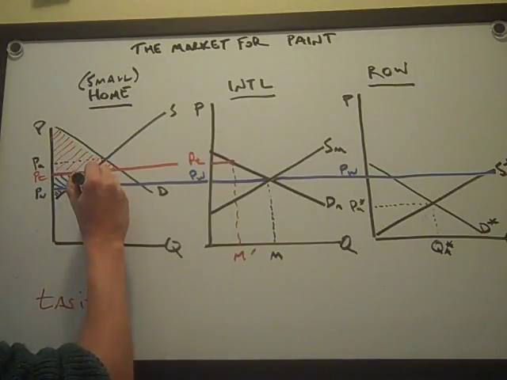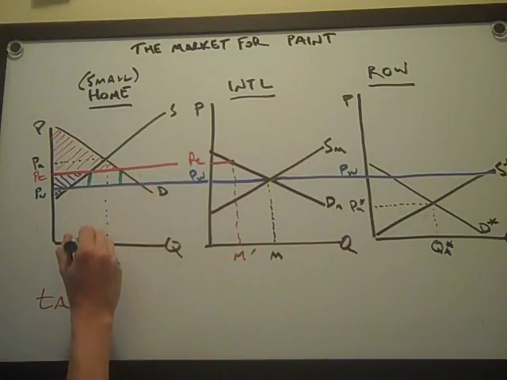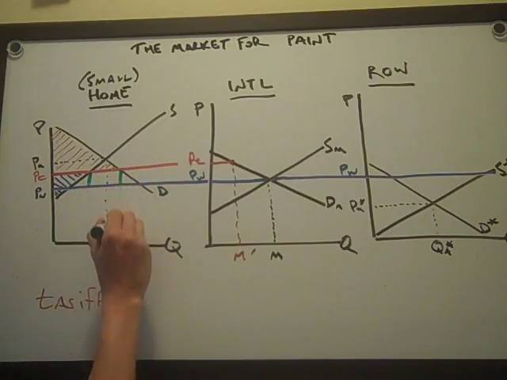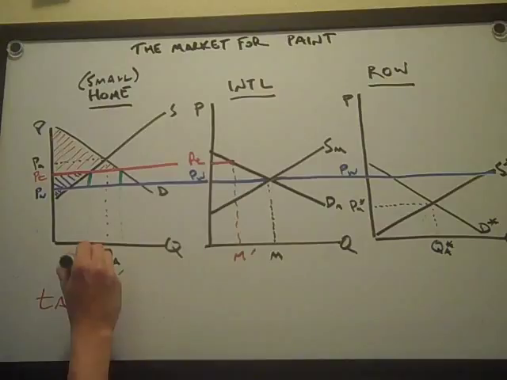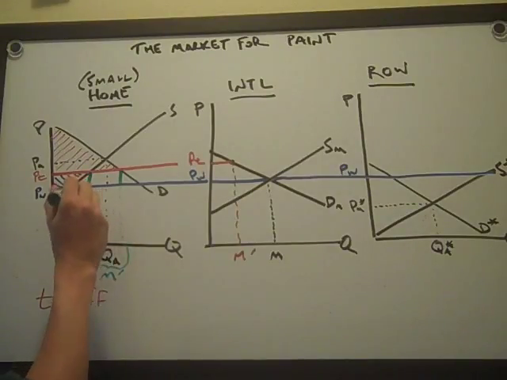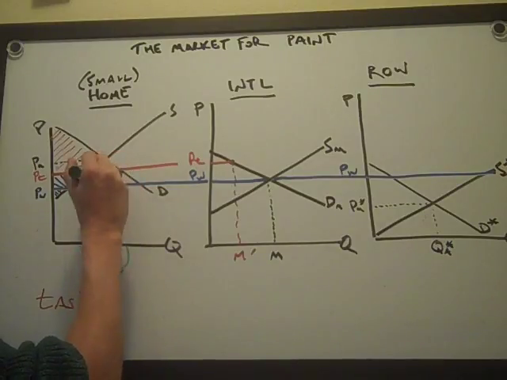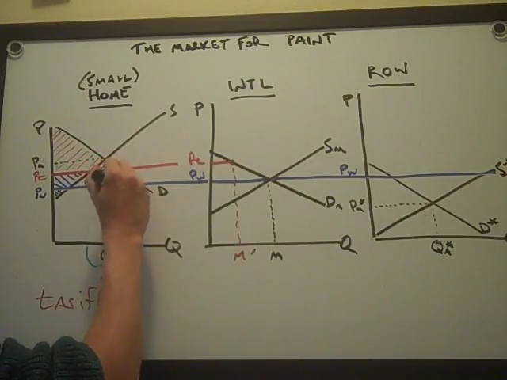Well, that distance right there, which is M prime, right? That's how many units are being imported from row into home. That distance right there winds up becoming tariff revenue.